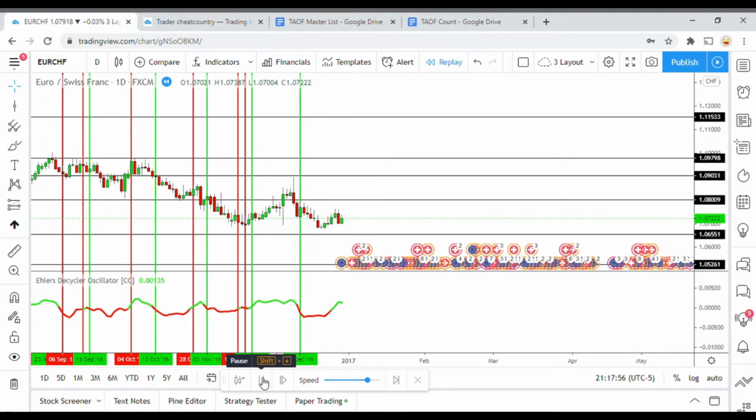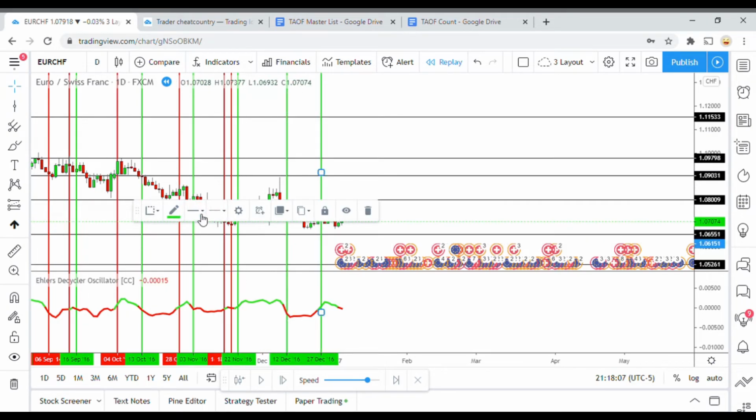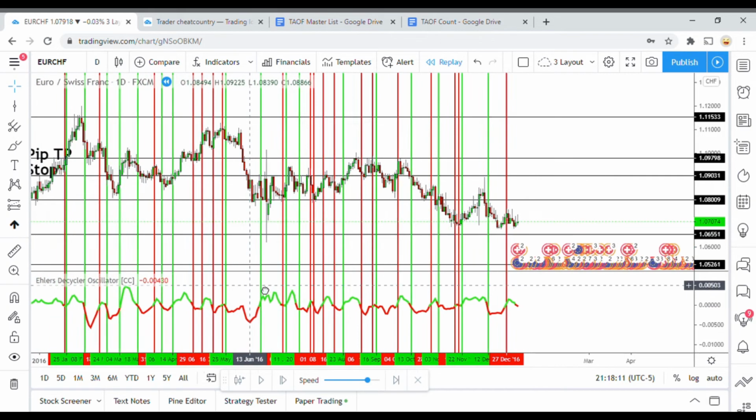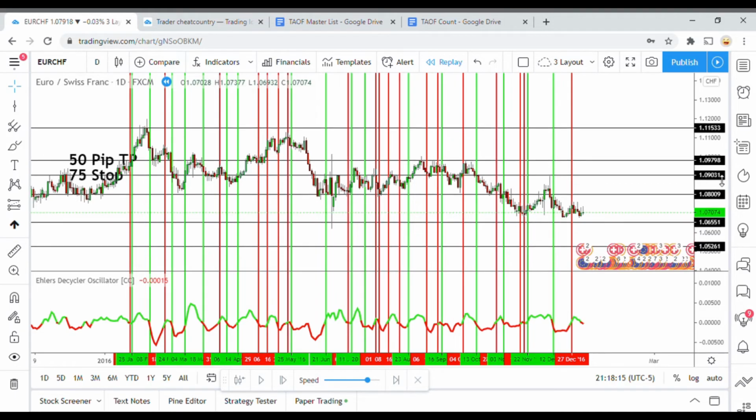There we go. Close to the end of the year now. Get a few more signals here. Alright, that's the end. And unfortunately, one last losing trade right there.